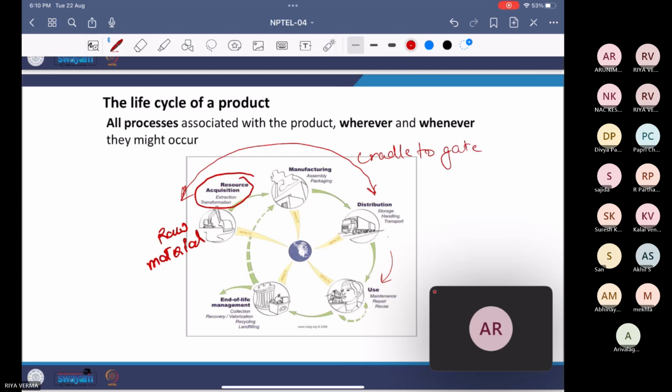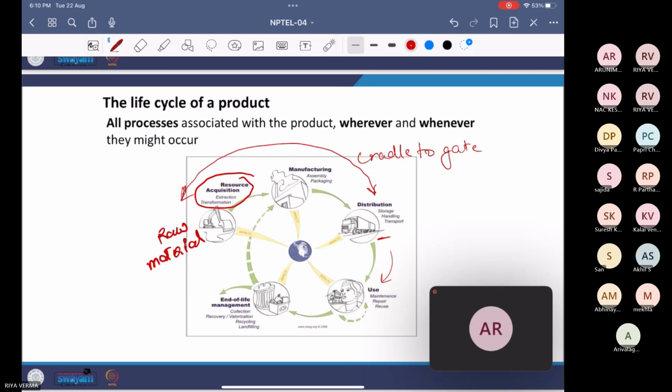Because after this point, the whole impact of the product is in the hands of the consumer. It can't be controlled by the manufacturers, so this is known as cradle to gate.